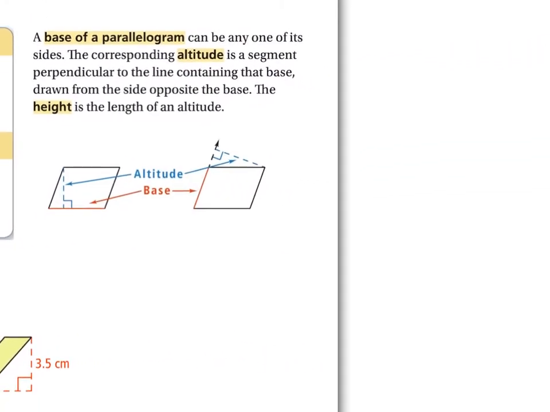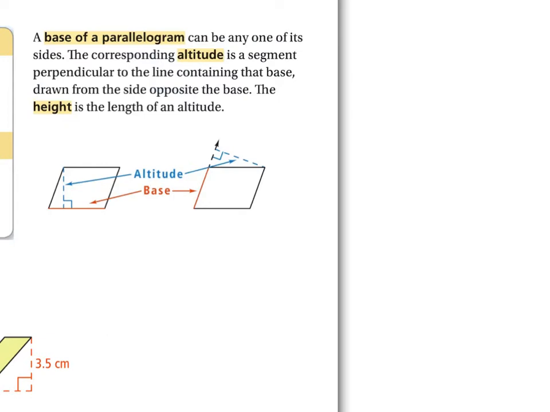The base of a parallelogram can be any one of its sides. So in this example down here, the way this is sitting, this is the base, and they also could use this as the base. The corresponding altitude, remember, we said that if a line goes from a vertex to the opposite side and it's perpendicular, that's an altitude. That is considered the height. So the length of the altitude is considered the height.